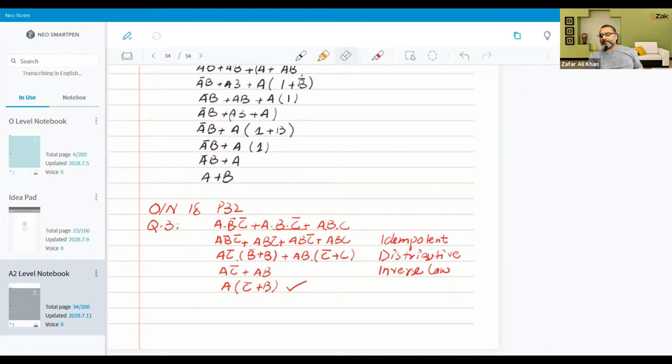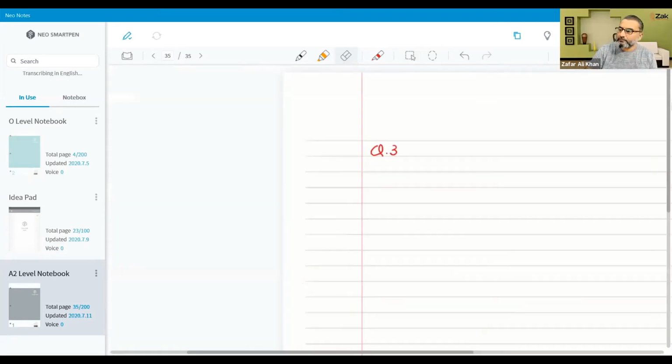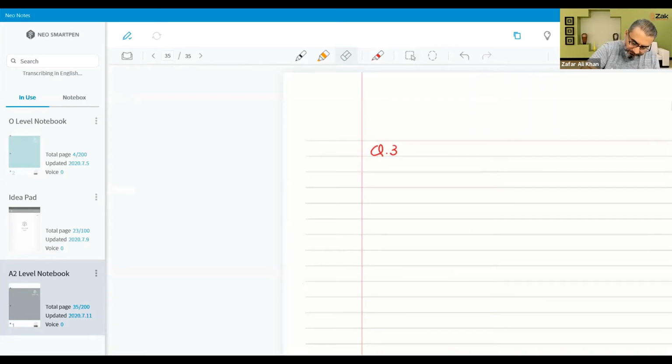All right. So let's solve the same question again with another technique. So same question 3. This time it is again A, what was the question?